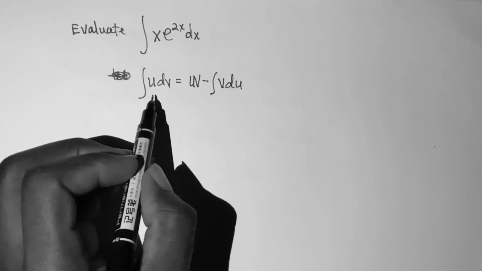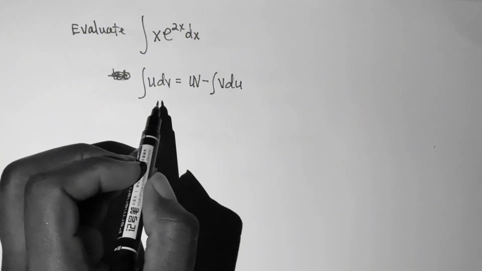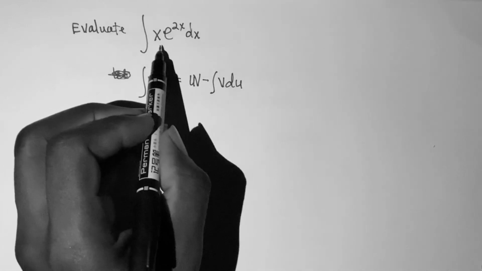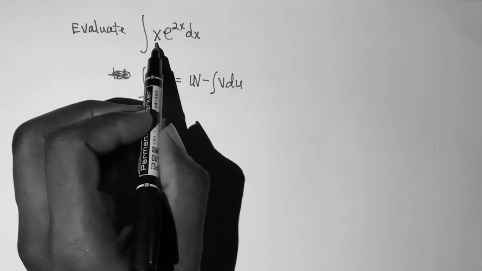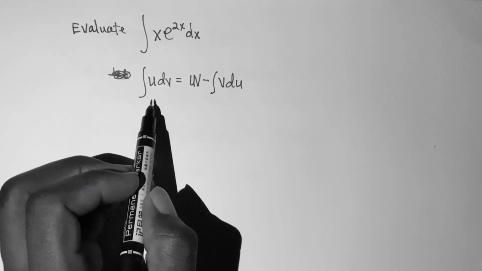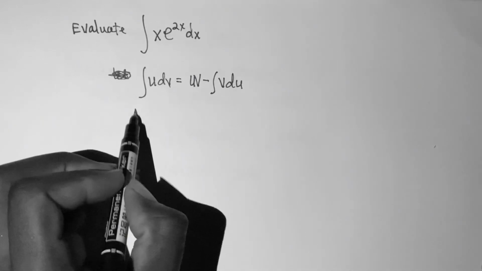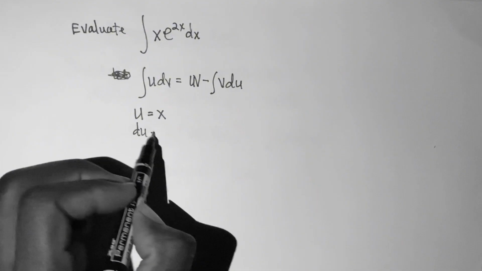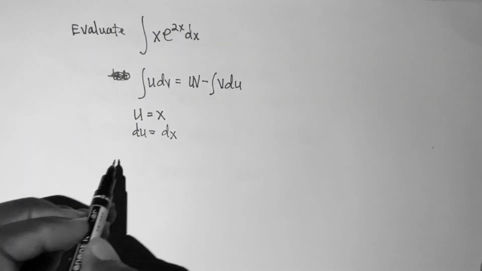So in this case, we can easily differentiate x, and we can easily integrate exponent 2x. So let's let u be equal to x. So du in this case is equal to dx.